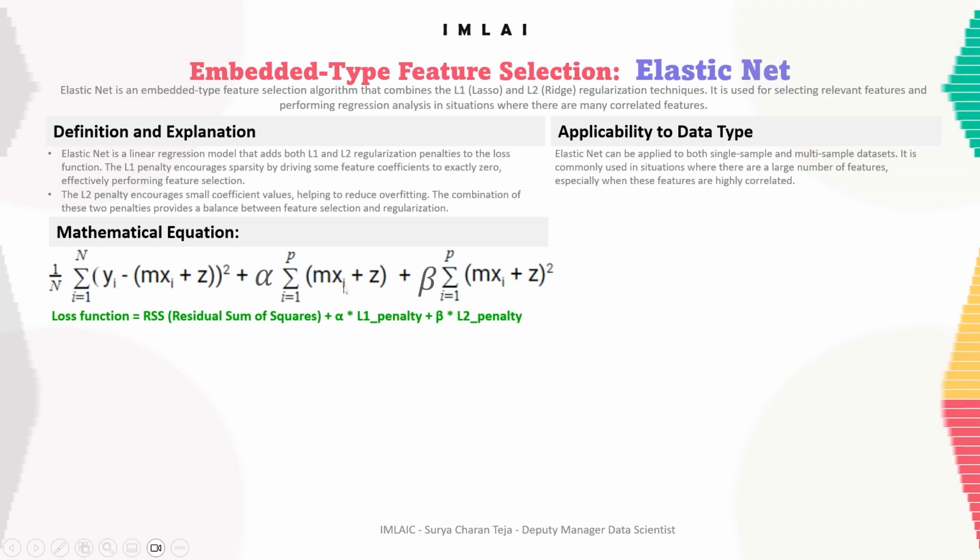L1 penalty is the L1 regularization term, also known as lasso penalty, and is calculated as the absolute sum of the coefficients multiplied by a tuning parameter alpha.